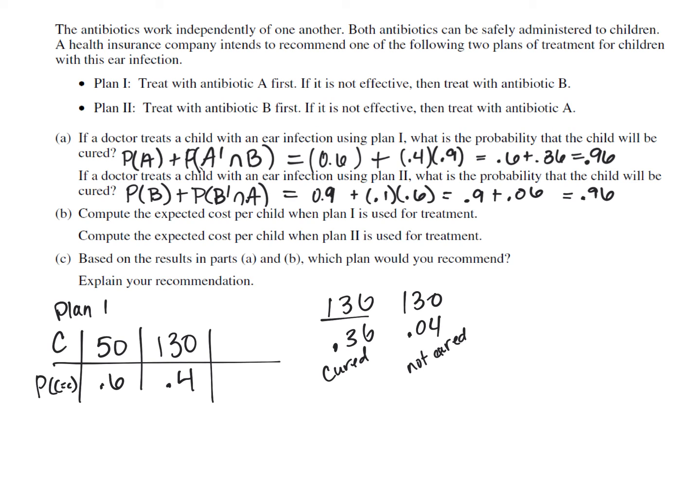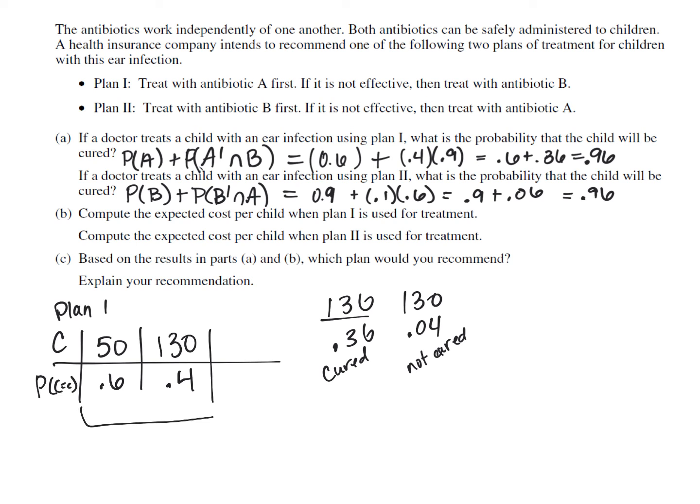Think about the situation. I've already paid for you to take antibiotic A. There was a 60% chance that it worked. That means there's a 40% chance you're going to have to take both A and B, right? Whether it works or not, they're still paying for you to take both medications. So it's still costing $130, whether you're cured by B or not.